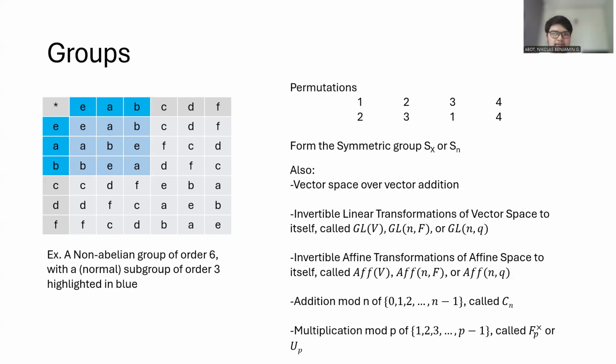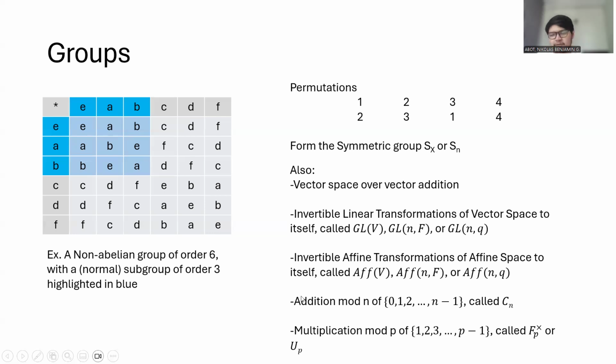Other examples of groups include the elements of a vector space with operation vector addition, the set of invertible linear transformations of a vector space to itself, called the general linear group, and also the set of invertible affine transformations of an affine space to itself, called the affine group.